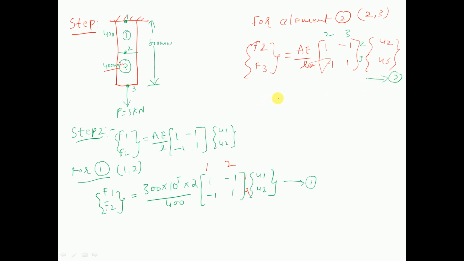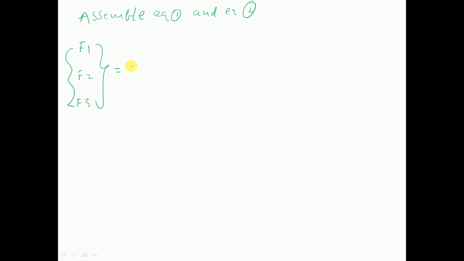Then third step, we have to assemble equation number 1 and equation number 2. After assembling we'll get F1, F2, F3 is equal to AE by L, which after solving is 150 into 10 power 3.